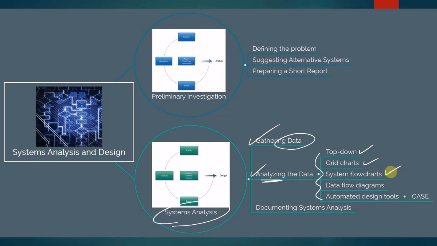We have system flow charts, which show the flow of input data to processing and finally to output or distribution of information. We also have what are known as data flow diagrams. This particular tool presents data or information flow within an information system.